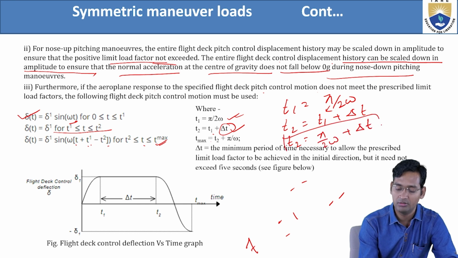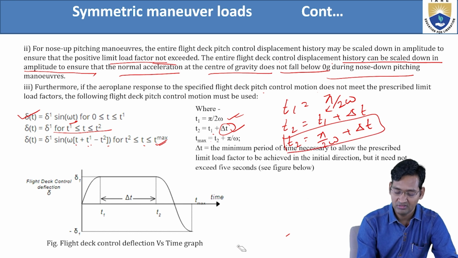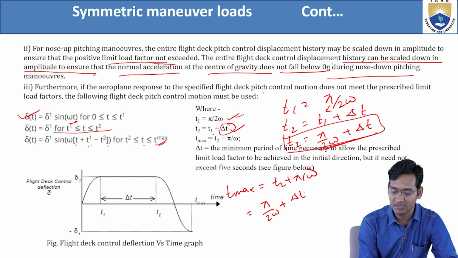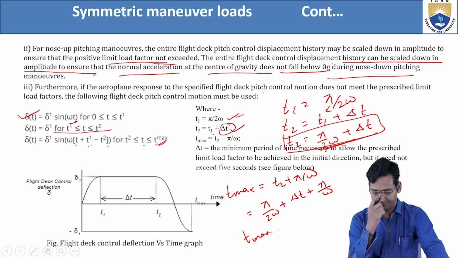So this is our t2 value. Now t max is what? T max is t2 plus pi by omega. What is t2? So t2 is pi by 2 omega plus delta t, plus pi by omega. So this will be the t max.